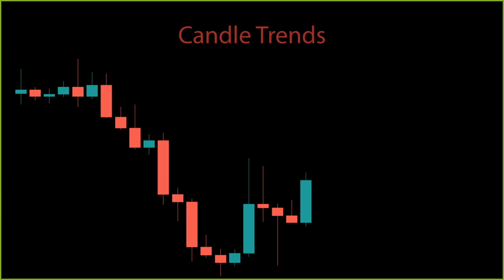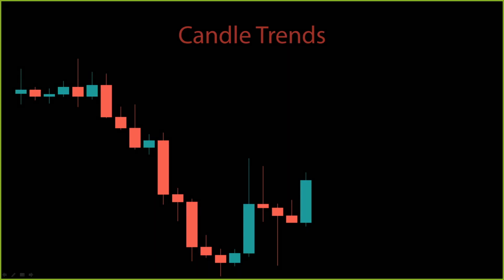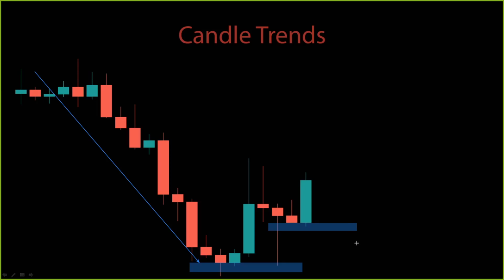First of all, what we see is that trend is bearish, but at the same time, we are creating some sort of a support down here, and it looks like we have a bullish candle, so it may be forming another support right over here, right?